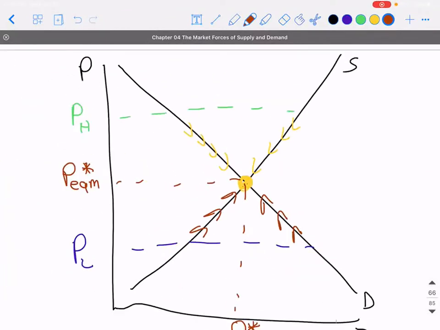But the beauty of this picture is that no one has to be smart. The market will do what it needs to do. And by that I mean retailers will react to shortages and surpluses by adjusting their prices. And as they adjust their price, the market will find an equilibrium.